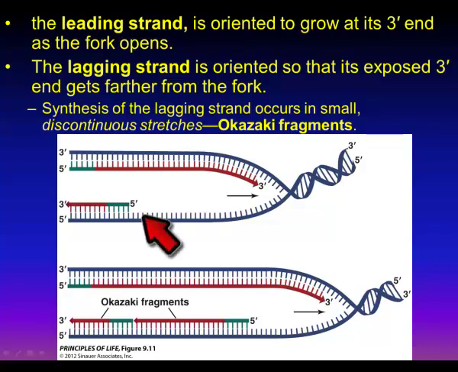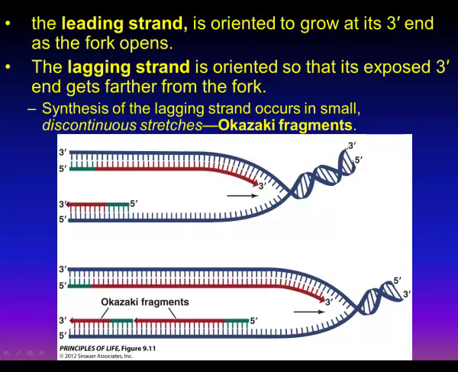But on the lagging strand, once a primer is synthesized and the replication fork continues moving, DNA synthesis would stop unless there was synthesis of a new primer upstream of the original primer, and then DNA synthesis would have to proceed from that new primer. And this is in fact exactly what happens.